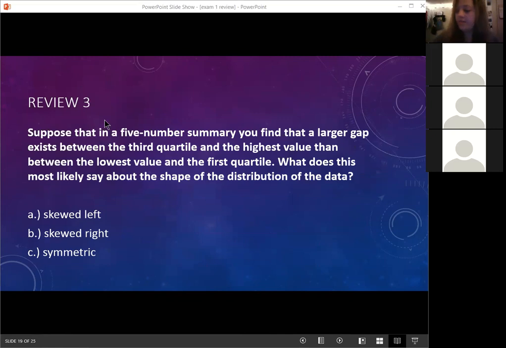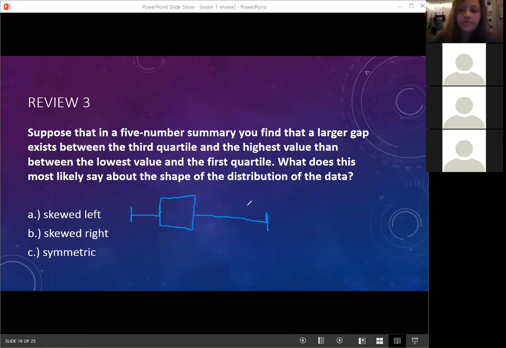All right, great job. You guys are absolutely correct. This would be skewed right, because remember, when something's skewed right, it means the data to the right is more spread out than at the lower values. If we were to draw this on a box plot, it would look something like this. We have our Q1 here and our Q3 here, and it says the larger gap exists between the third quartile and the highest value.